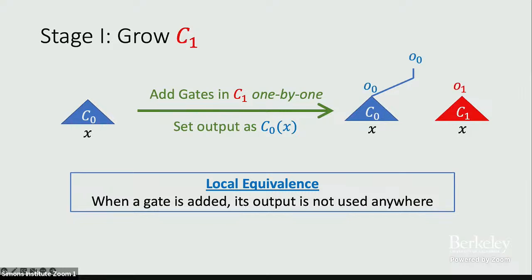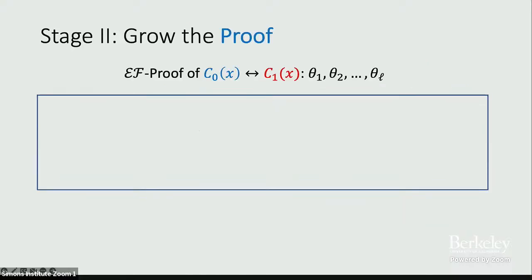Let's denote the output of C0 as O0 and the output of C1 as O1. At this point, the output of the entire circuit is set to be O0. In the next stage, I'm going to grow the extended Frege proof slowly inside of the circuit. Suppose we have an extended Frege proof of functionality equivalence between C0 and C1, and let's denote the proof as θ1 to θl, where each θi is a line in the proof.